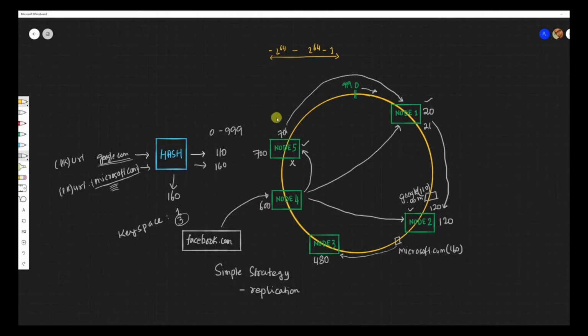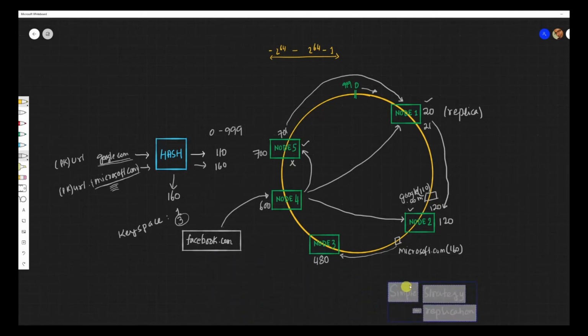Each one of these is a replica. Similarly, for Microsoft also, though I showed it for simplicity that we are storing it in node 3, in reality it was stored in n nodes, where n is the number of replicas that you have specified. So this is how replication is taken care of.